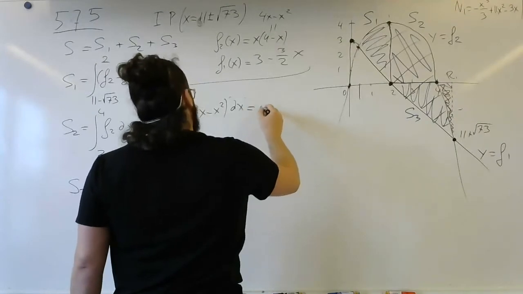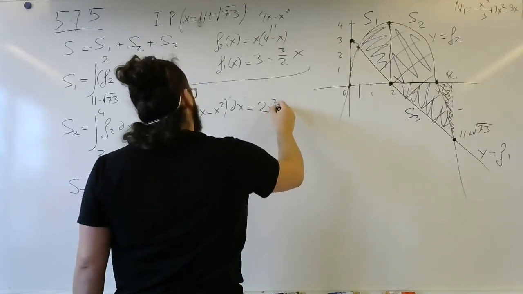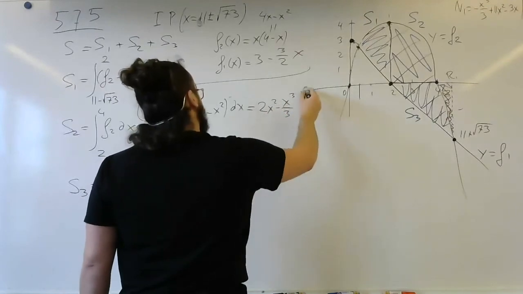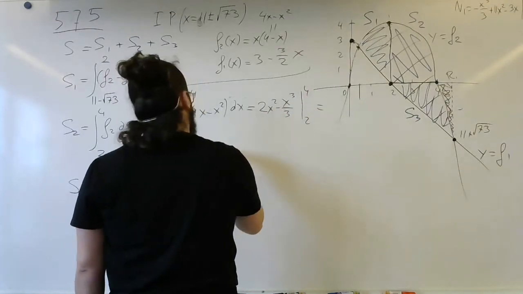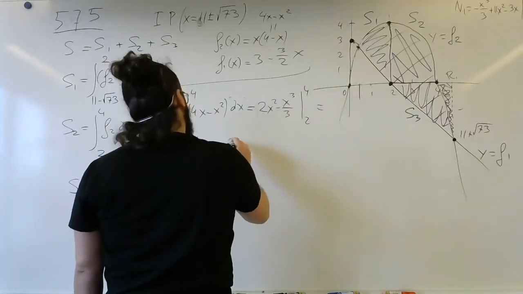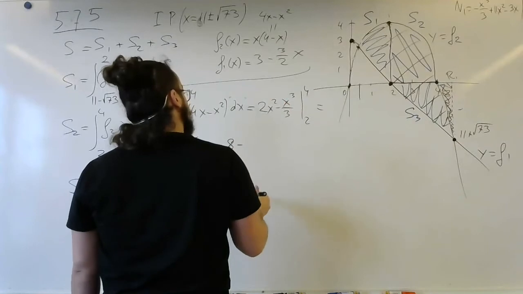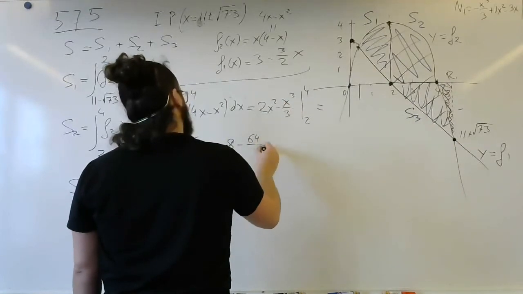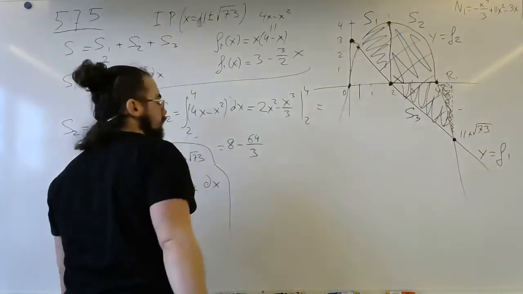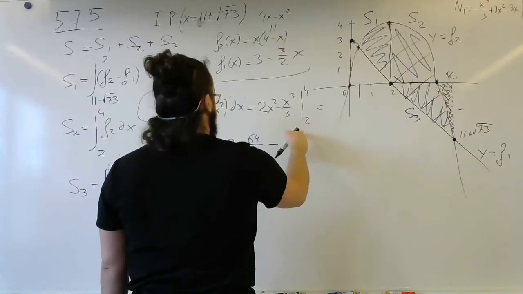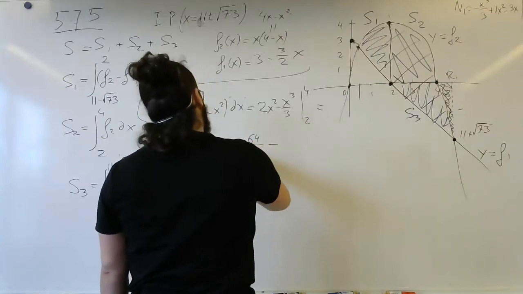This is 2x squared minus x cubed over 3 from 2 to 4. This is 8, minus 64 thirds, 4 to the power cube, minus, we evaluate this in 2, this 32.